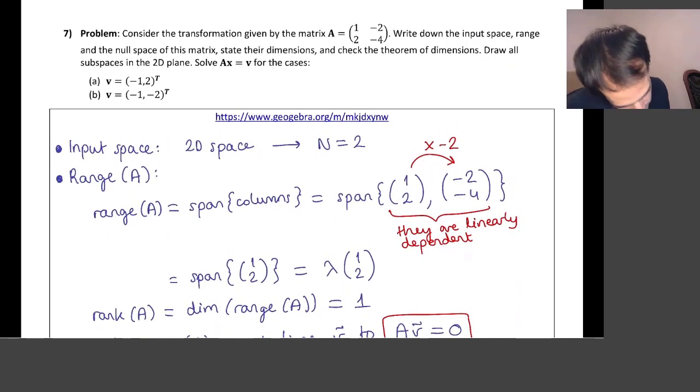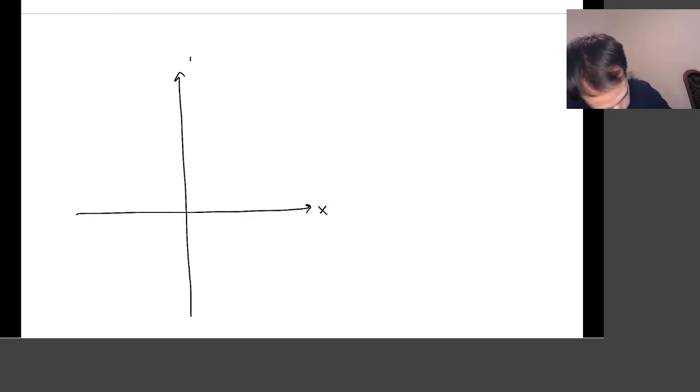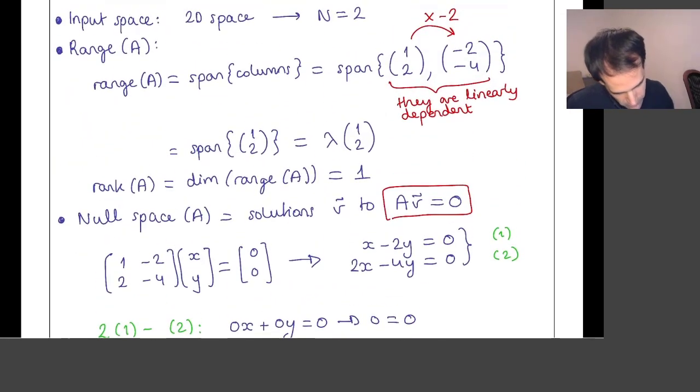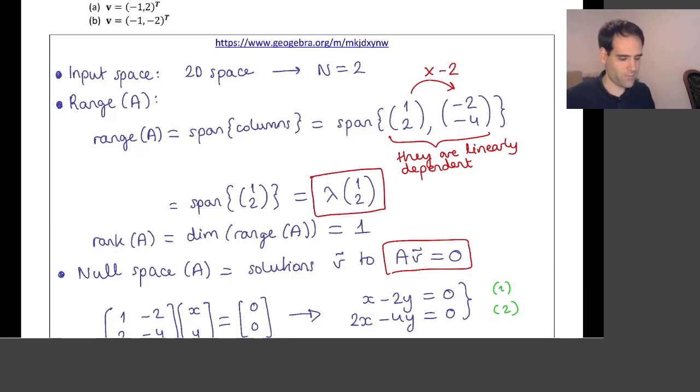Now this also asks us to draw all the subspaces in the two-dimensional plane. So let's do that. Let's draw the xy plane, which is the input space. And now let's draw the range. So the range is this line here. It's lambda times the vector (1, 2).